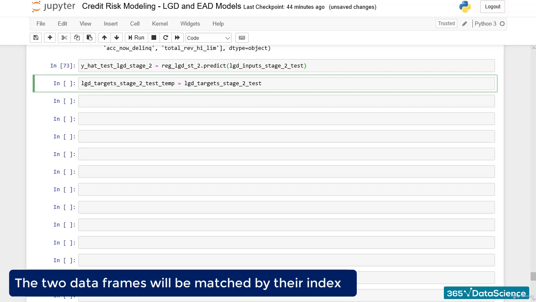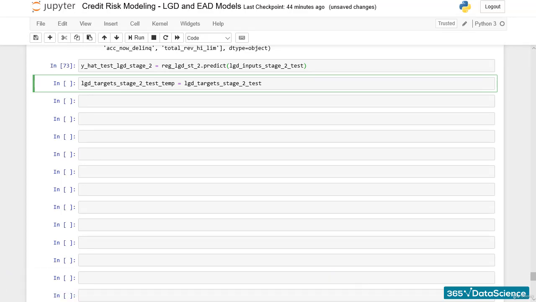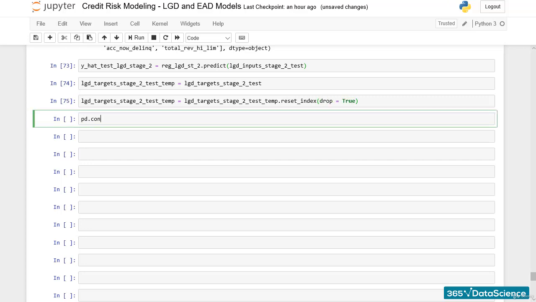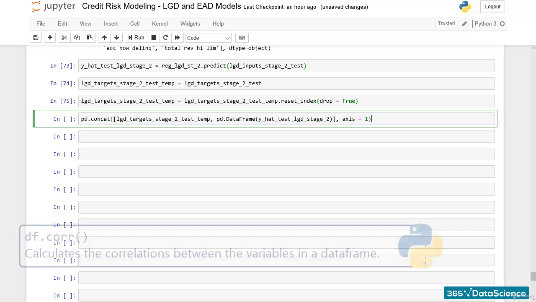We've encountered this situation a few times already, and what we had to do is reset the index prior to concatenation. Let's reset its index, dropping it at the same time. Okay, now we concatenate the two objects. Once they are contained in the same data frame, we can apply the correlation method.